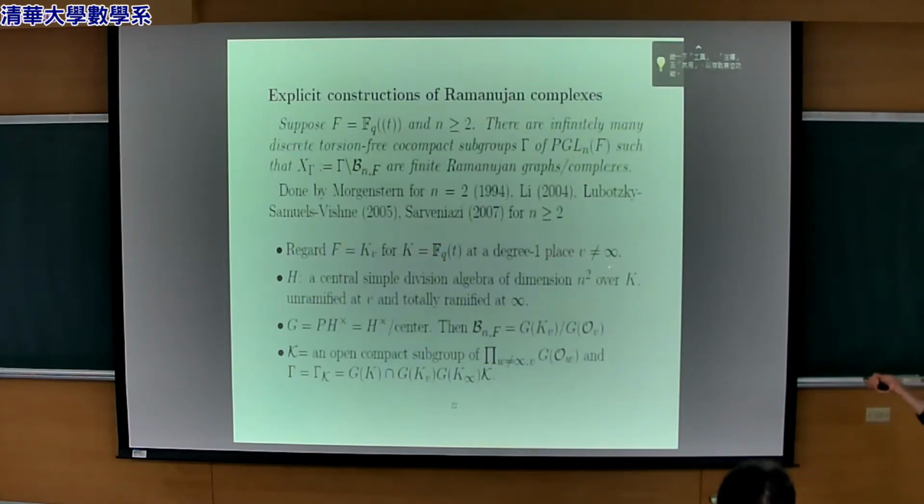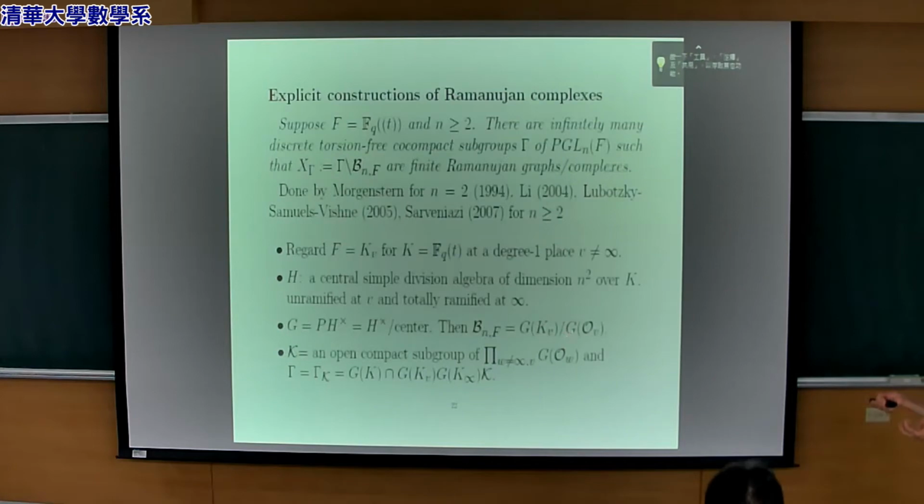Then we take a central simple division algebra of dimension n squared, which is unramified at the place and totally ramified at infinity. And the group is the multiplicative group modded out by the center. And because of the way we choose our ramification, we know that the local points of the group modded out by the maximal compact give you the building.